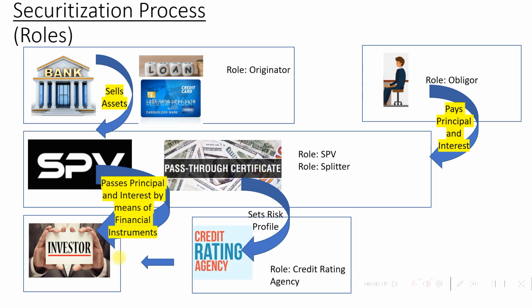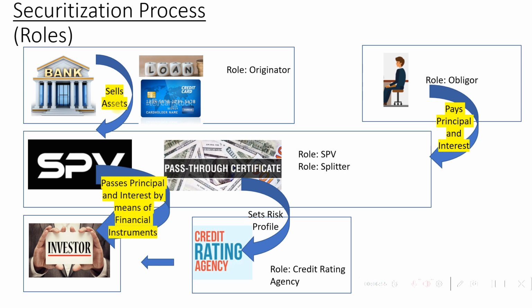So we will go through each and every role and then basically explain what those roles mean in the securitization process. So the role of originator. The bank or the financial institution that wants to securitize its non-marketable asset, which may be loans or credit card payments, etc., plays the role of the originator and segregates loans, leases and receivables into pools with a homogeneous risk that falls into different risk categories, namely credit, maturity and interest rate risk.